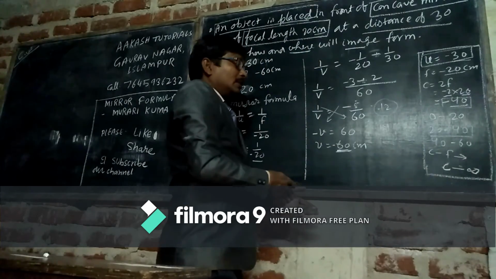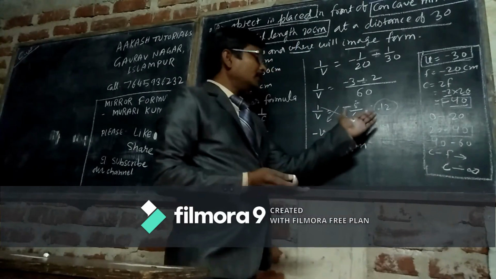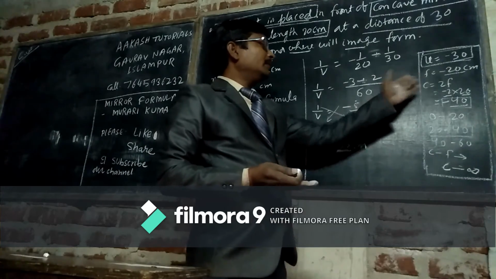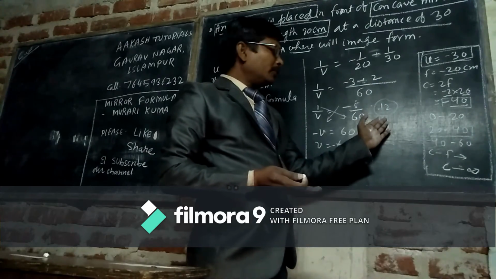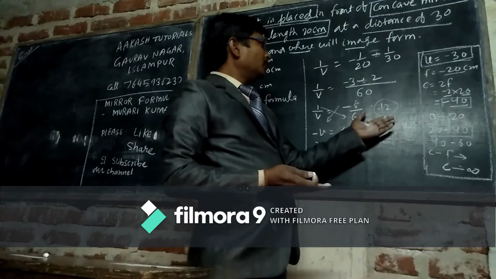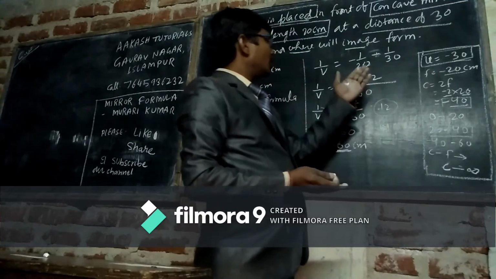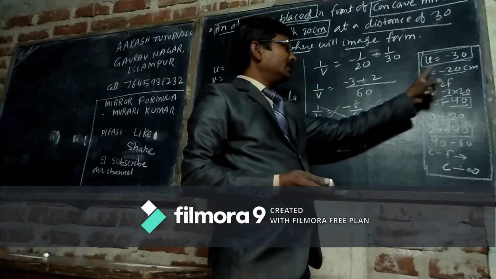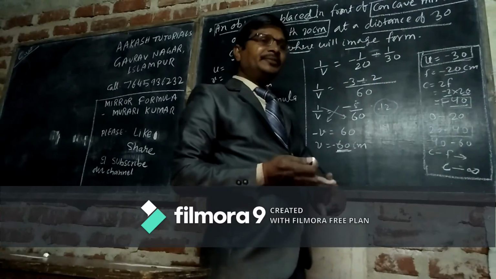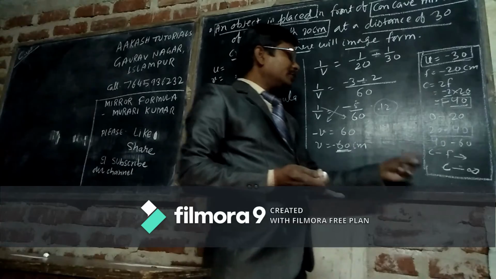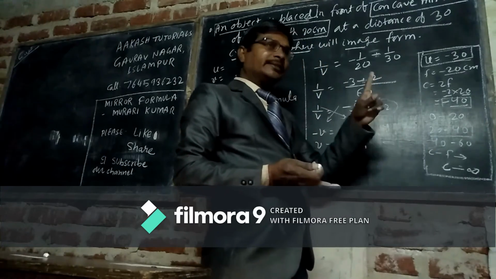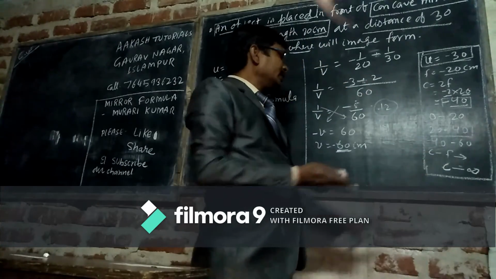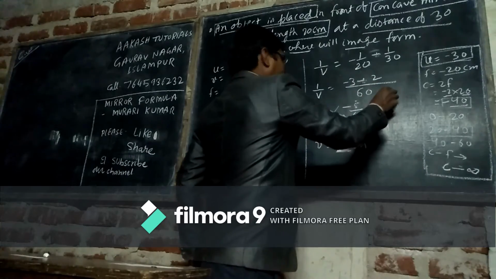It means the image has formed between the mirror and focal length. That is not possible because your object is between C and F, so your image must be formed between C and infinity. The answer must be greater than 40, so this is an incorrect answer.